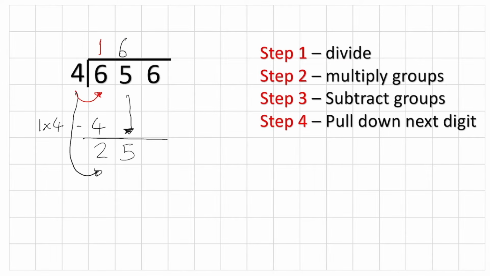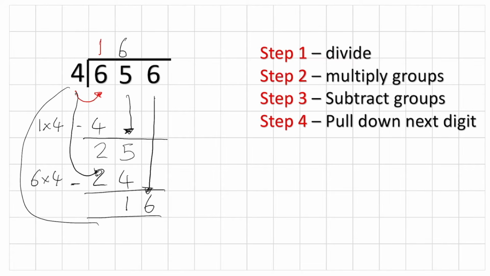And let's see how many we took away that time. So 6 times 4 equals 24. Take that away and I'm left with 1. Bring down my 6 and I'm ready to answer my final part. How many 4s are there in 16? 4, 8, 12, 16, we have 4.